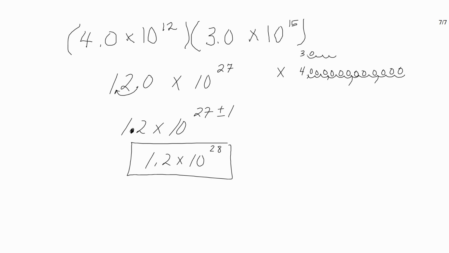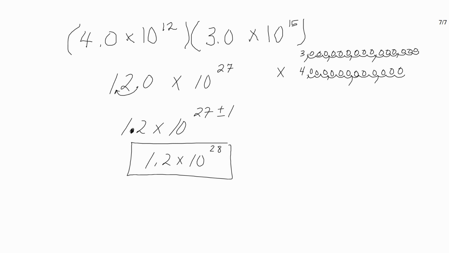And this: 1, 2, 3, 4, 5, 6, 7, 8, 9, 10, 11, 12, 13, 14, 15. Million, billion, trillion, zillion.